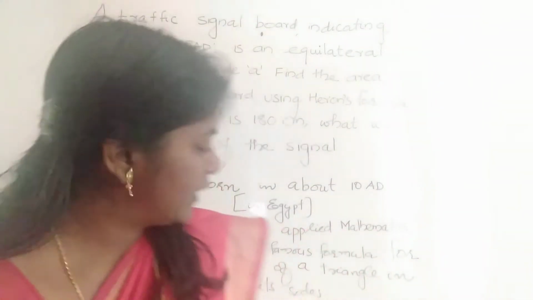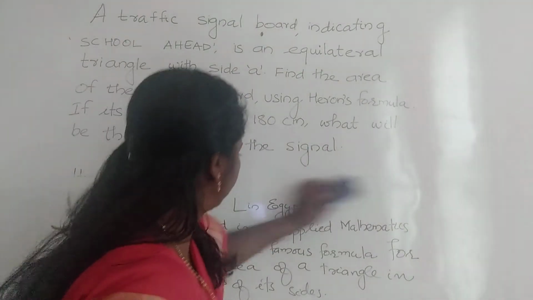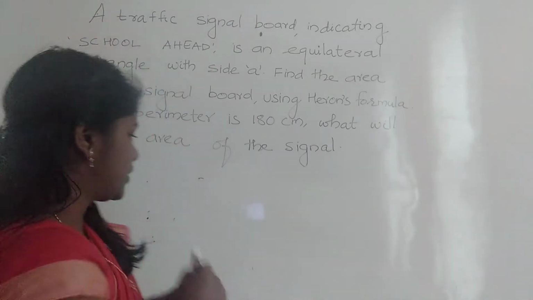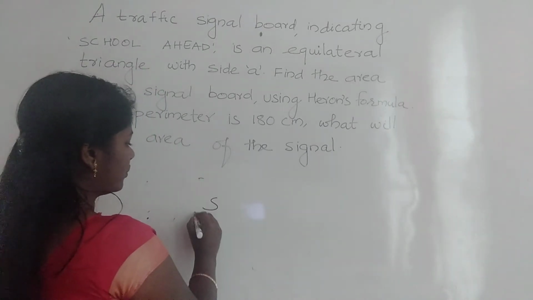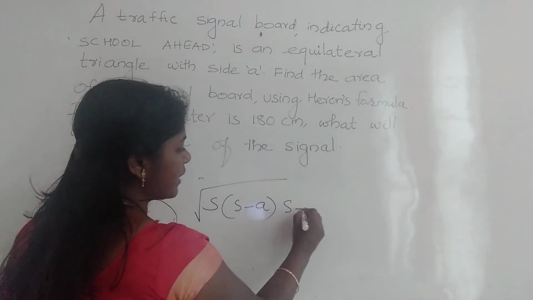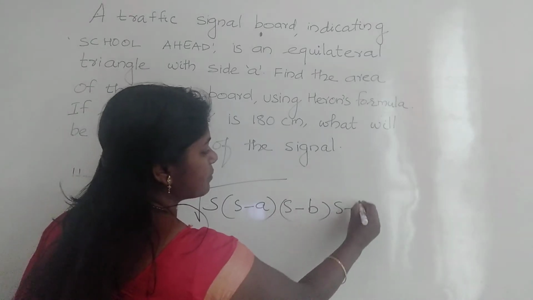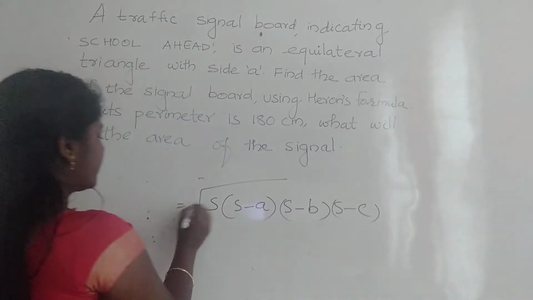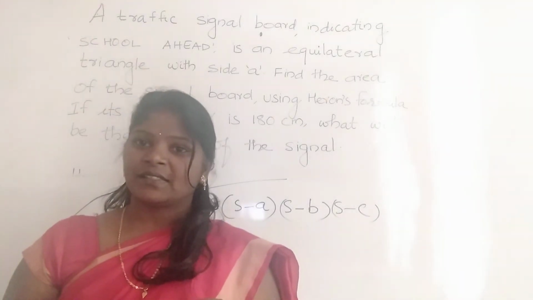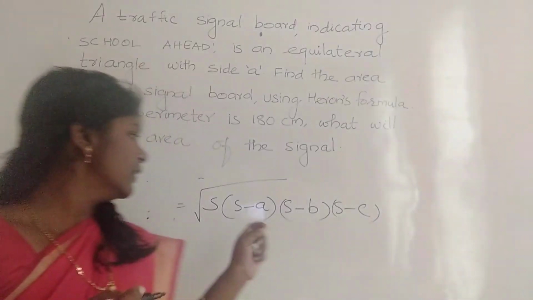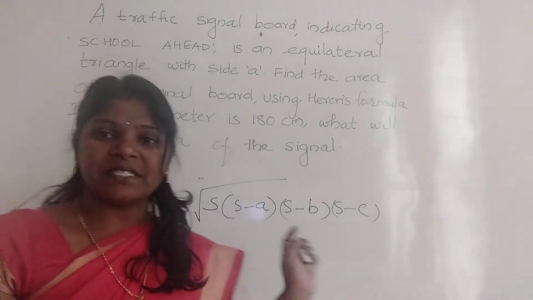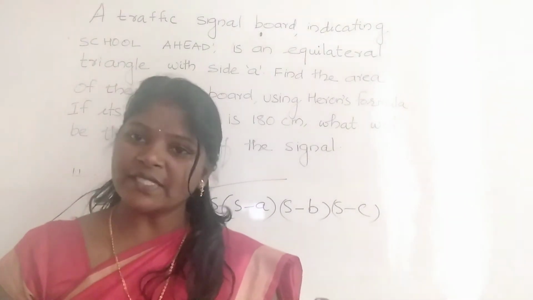That formula is S into root of S into S minus A into S minus B into S minus C. This is the equation to find the area of a triangle with different sides. Here A, B, C are the sides of the triangle and S is the semi-perimeter. Semi-perimeter means half of its perimeter.